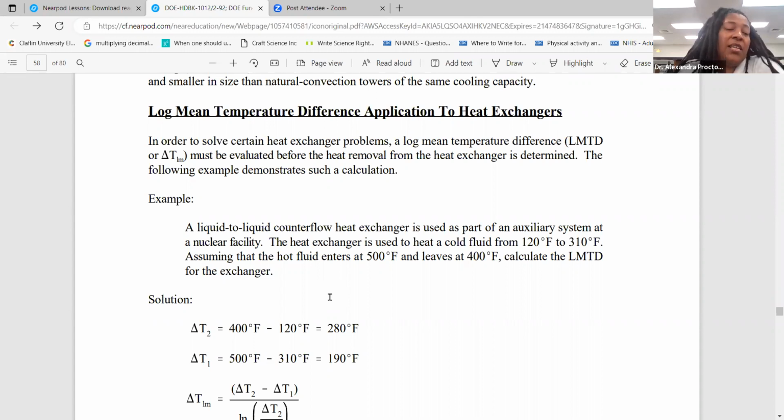So delta T sub 2 is 400 minus 120, so that's 280 degrees Fahrenheit. Delta T1 is 500 minus 310, which gives you 190 degrees Fahrenheit.